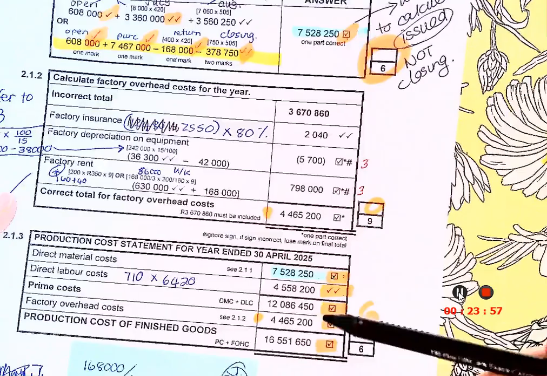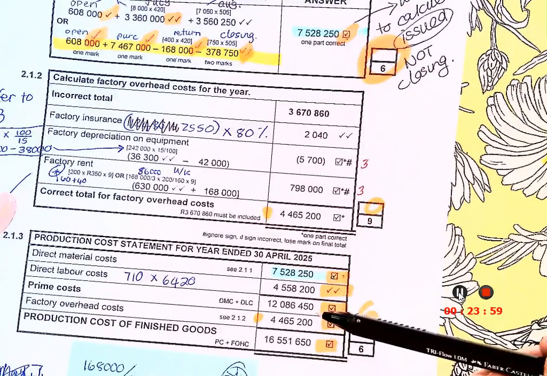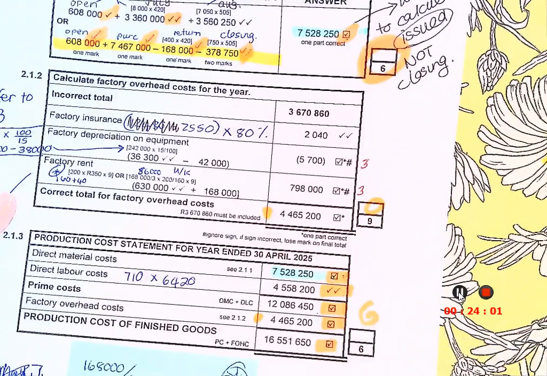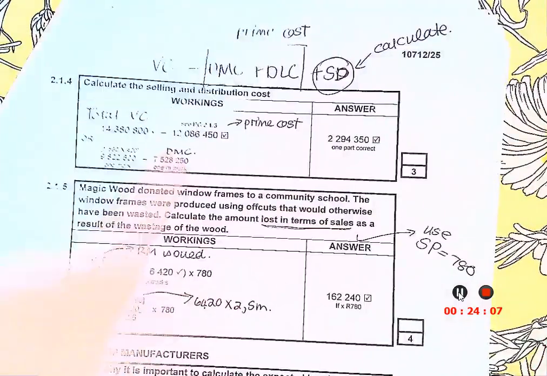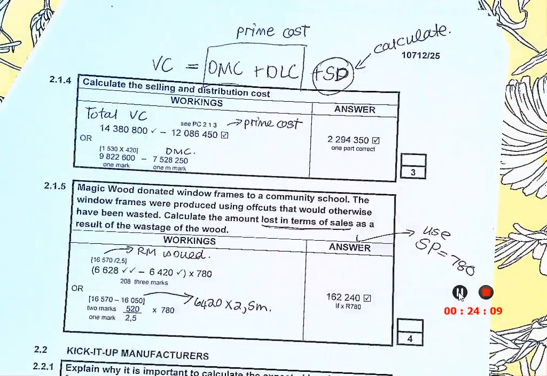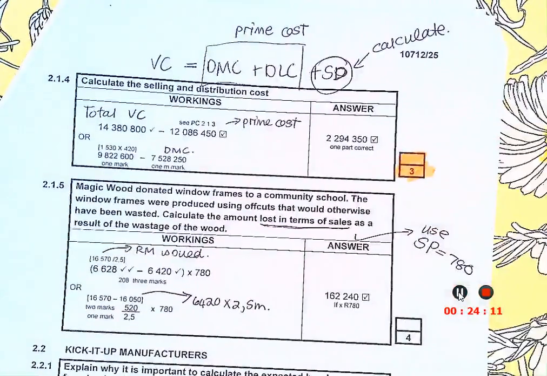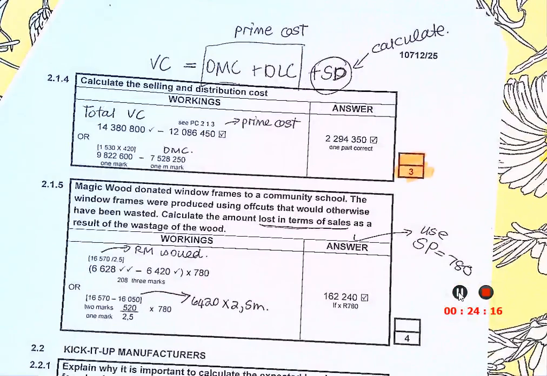So if I subtract that from my total variable cost, I will get the selling and distribution. Can you see this is actually an extremely simple question. So there's another 3 marks that you're supposed to get. You must not miss that. Okay, next one.